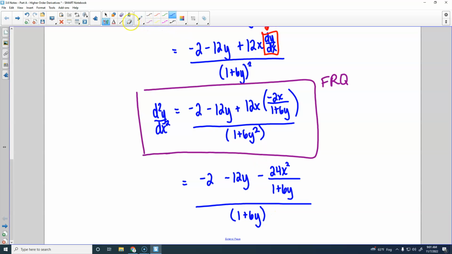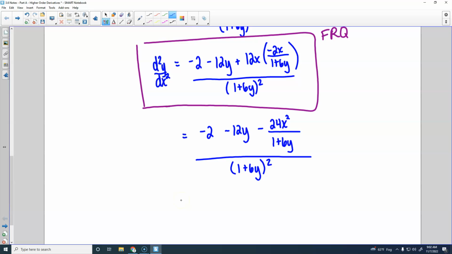Oh, I put the square in the wrong spot on that last one, didn't I? I think that is a linkage error and will cost me a point if I had that square on the inside of the parentheses instead of the outside, if the grader caught it, even if I fix it down here. So be careful.